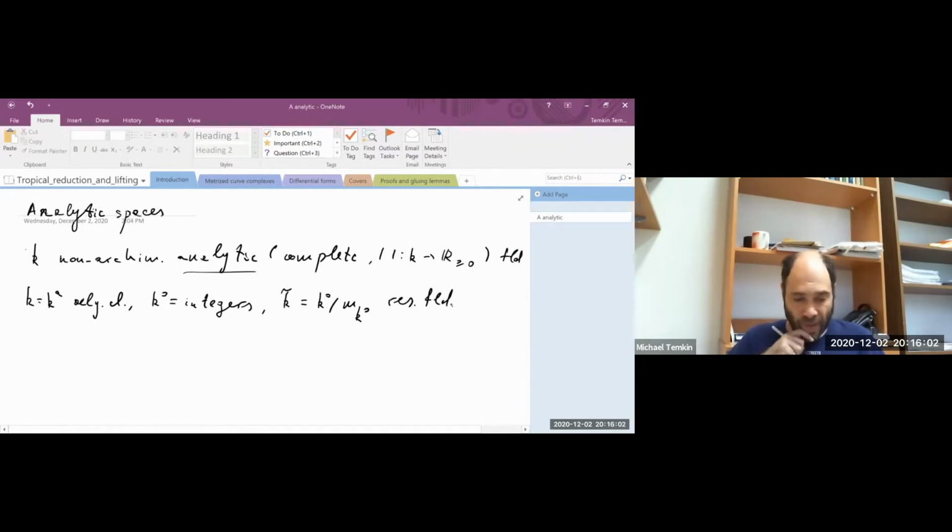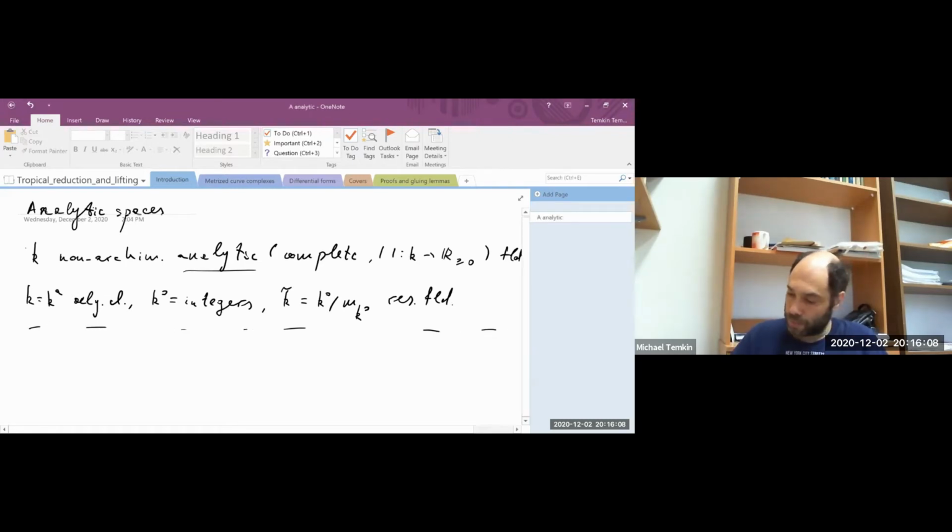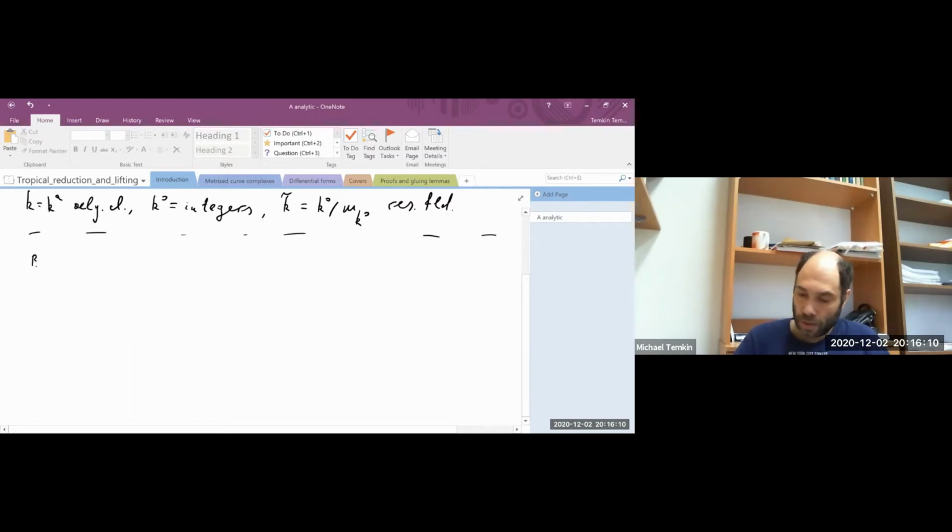Okay. Now we'll work with Berkovich K-analytic spaces. Such an X is covered by affinoids, glued from affinoids.